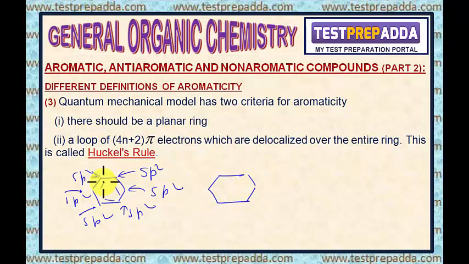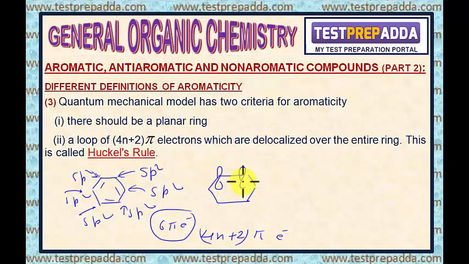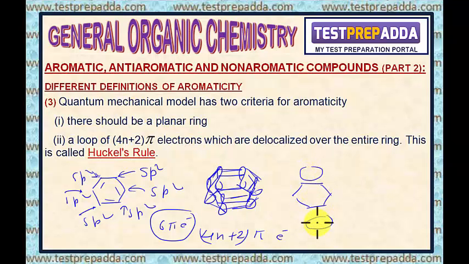Now here you can easily say that 6 pi electrons means it obeys Huckel rule 4n plus 2 pi electrons, and these pi electrons are delocalized over the entire ring this way. So you can say a loop of pi electrons, 4n plus 2 pi electrons, and that is why by this definition benzene is aromatic compound.